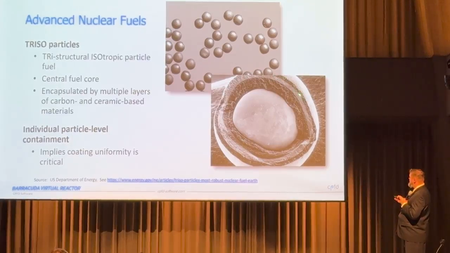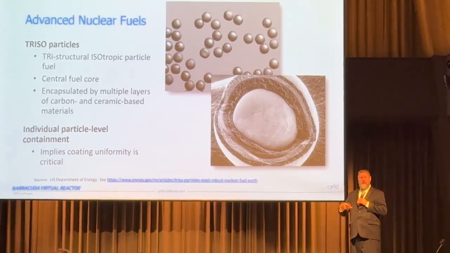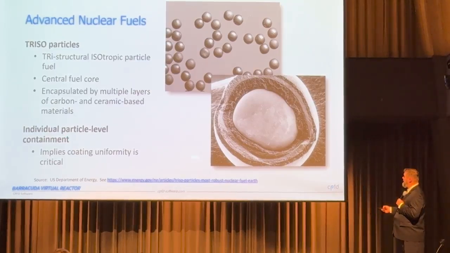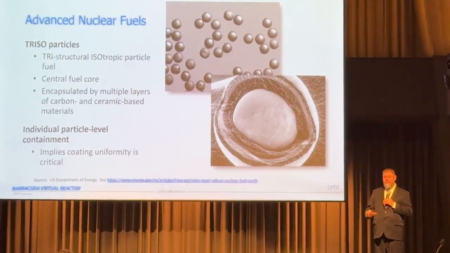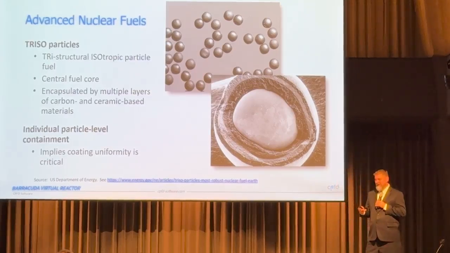And what's happening is these layers around the fuel become a self-contained pressure vessel that will withstand temperatures that would be a runaway. This is the idea. Well, if this layer around the particle is the containment, then uniformity of application is critical. It's pretty important that it's done right.